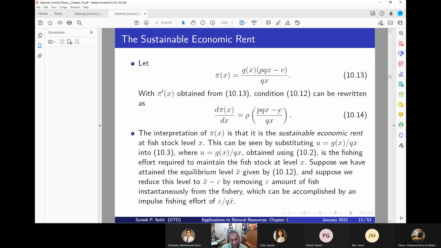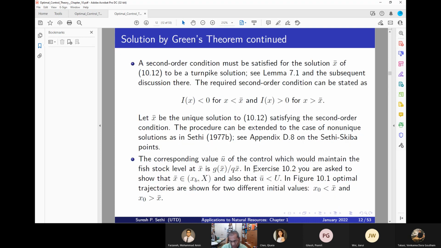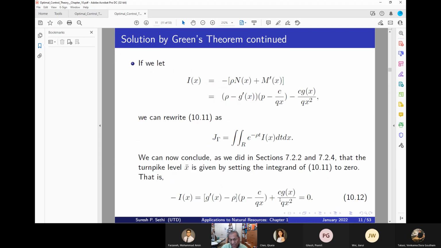10.14 is exactly, you can see 10.13 is nothing. In view of 10.13, I can write, remember I told you that this gives you a little bit like that. So in view of 10.13, I can write 10.12, which is this. I use that formula, and I can write 10.12 in terms of pi.